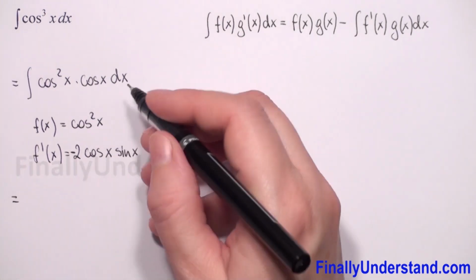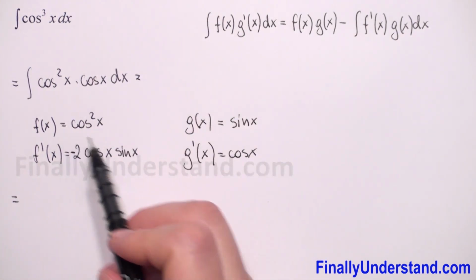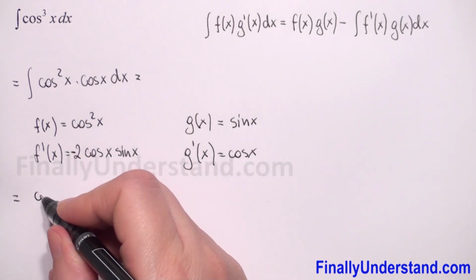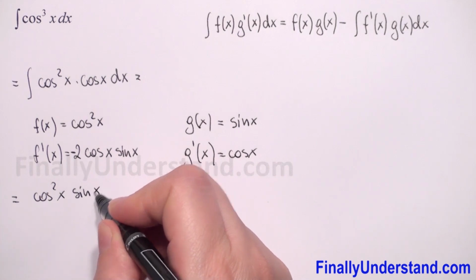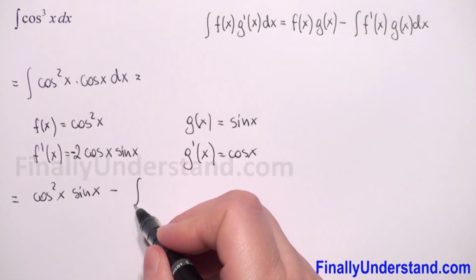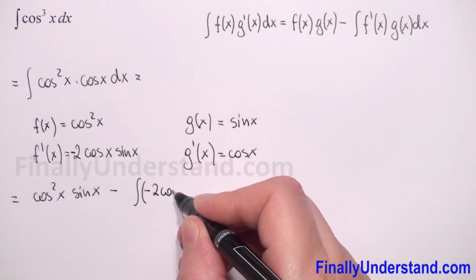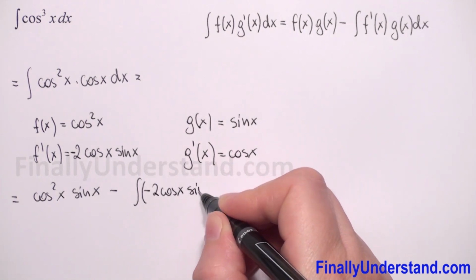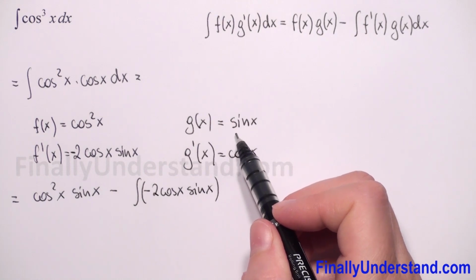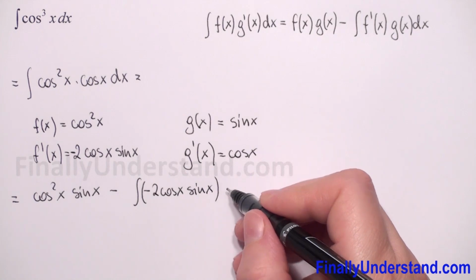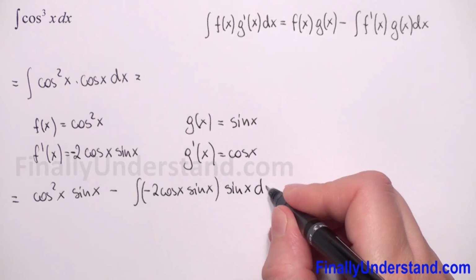We have this is equal. First we have f times g, so it will be cosine square of x times sine of x minus integral of f prime, which is negative 2 cosine of x sine of x, times g. g is equal sine of x, with respect to x.